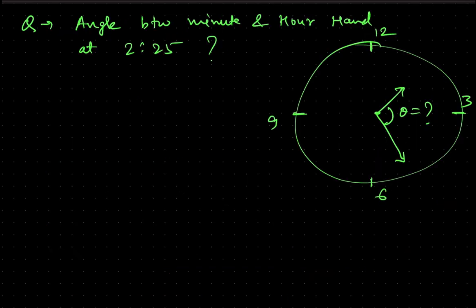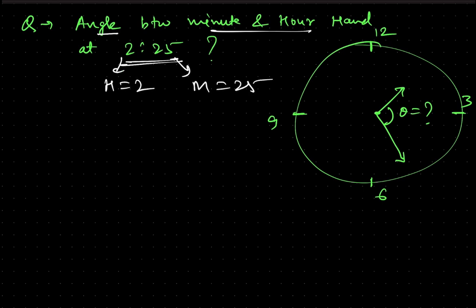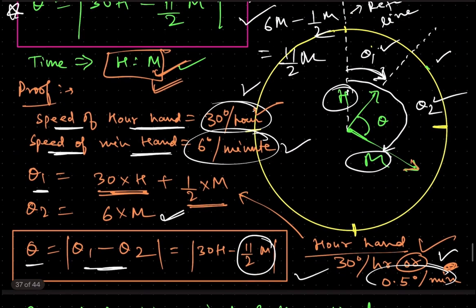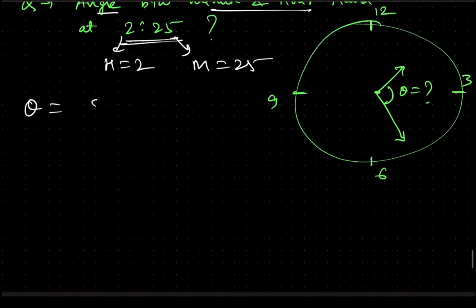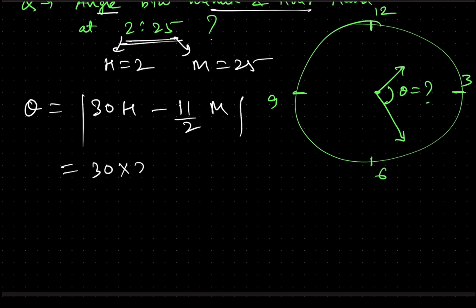So let's solve this question. What is the angle between the hour hand and minute hand at 2:25? We will always take h as 2, and m as 25. What was our equation? It was the modulus of 30h minus 11/2 m. 30 into h, which is 2, minus 11/2 into m, which is 25.